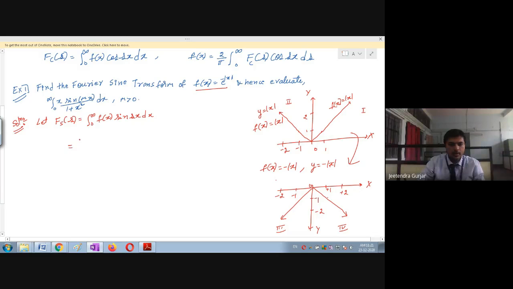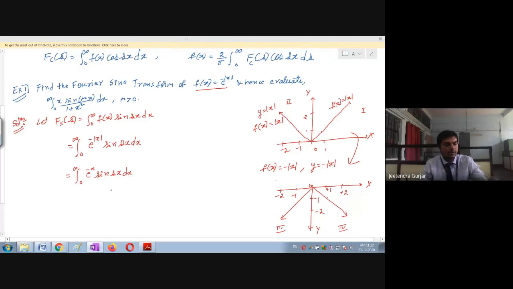So this is equal to integration 0 to infinity, I will substitute e raised to minus x, sine sx dx as it is. But you can see we don't have any formula for the mod, so I'll simply remove the mod. It will become e raised to minus x, sine sx dx.